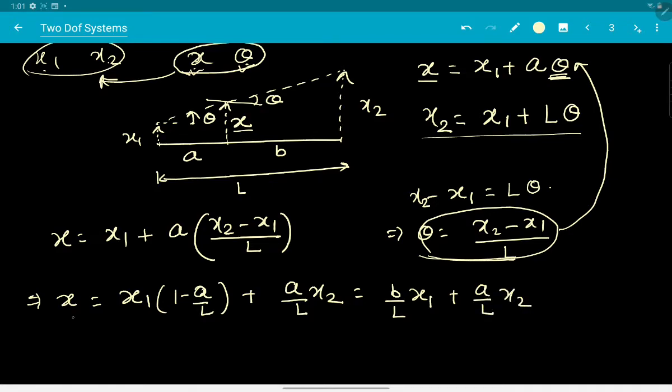So now I have x in terms of x1 and x2, and I also have theta in terms of x1 and x2. Let me rewrite those expressions over here for you.